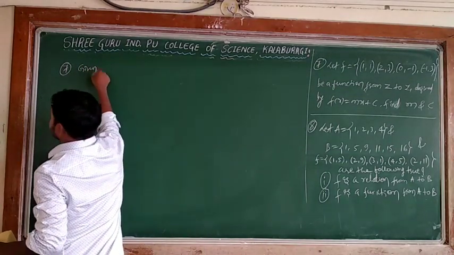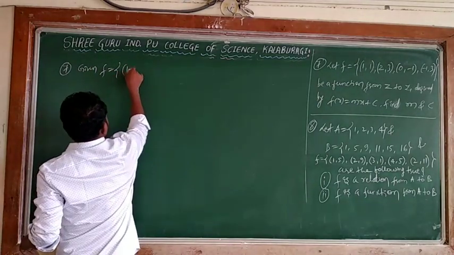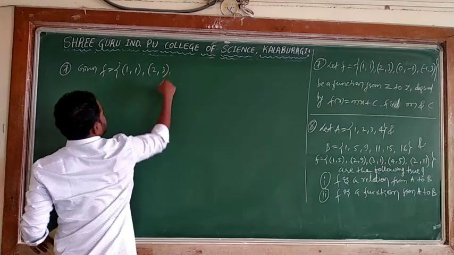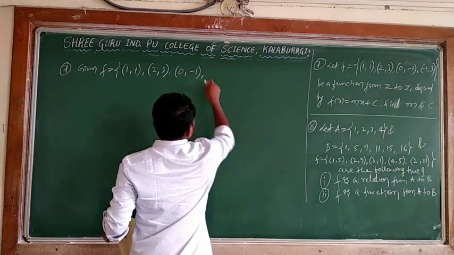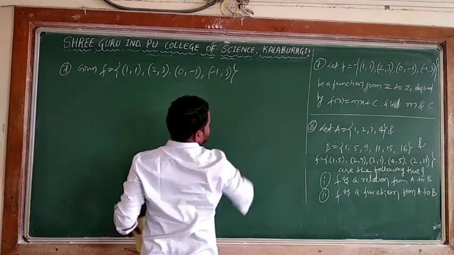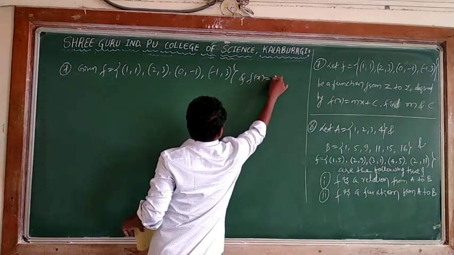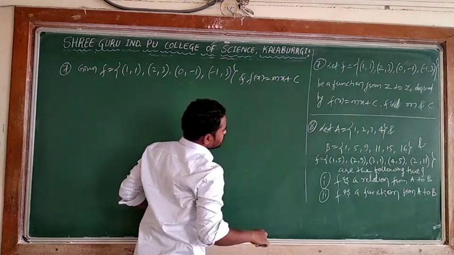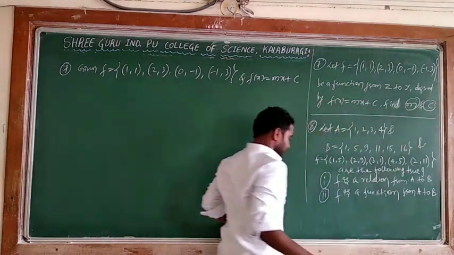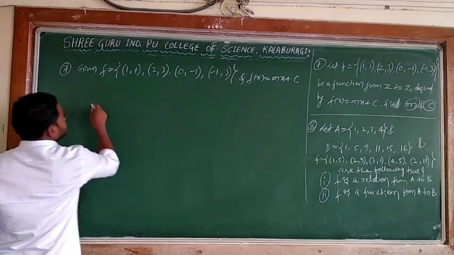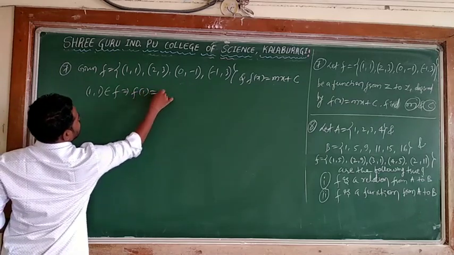Given that f is (1, 1), (2, 3), (0, -1), (-1, 3), and f of x is equal to mx plus c. Using this you have to find the m value and c value. Now I will say (1, 1) belongs to f. It implies that f of 1 is equal to 1.